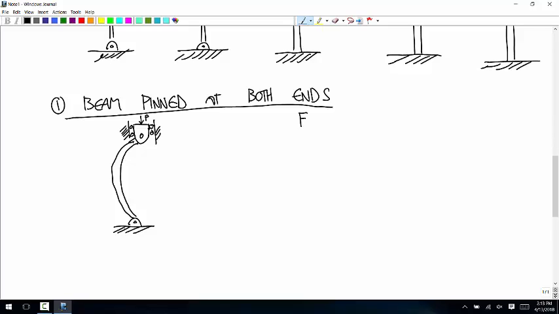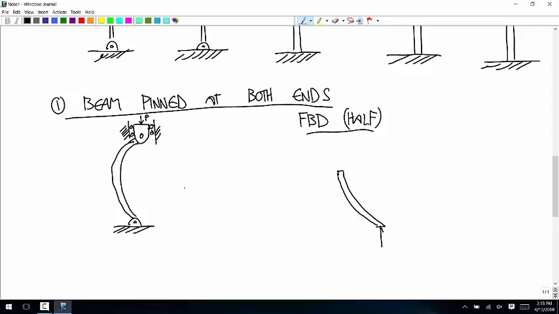So let's do a free body diagram so we can come up with the differential equation. The basic differential equation is going to be similar for all of these. There'll be one difference with all of them. Let's do the bottom half, and I'm going to do it in the deformed state.